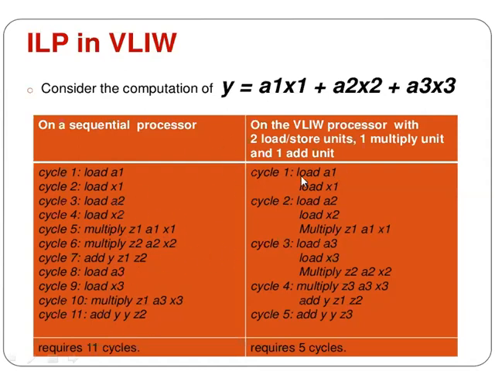Okay, so here in VLIW architecture it will load a1 and x1, both together, because it will have 2 load store instructions, 1 multiply unit and 1 add unit.